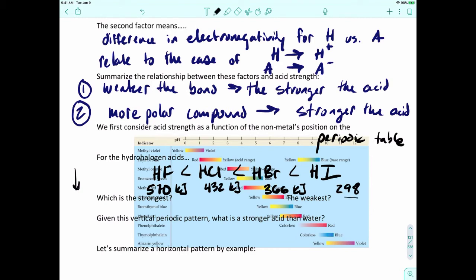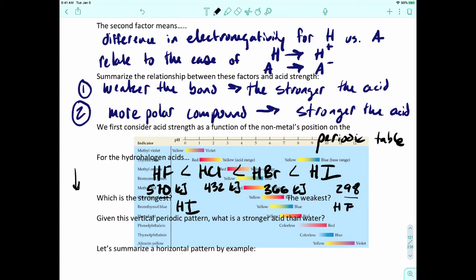So HI, because it has the weakest bond, is going to be a stronger acid than HF. So which is the strongest? HI. The strongest is HI, weakest is HF.